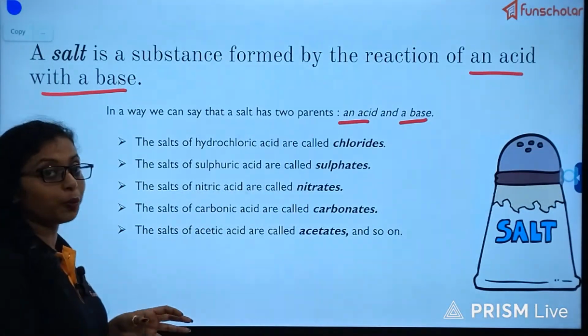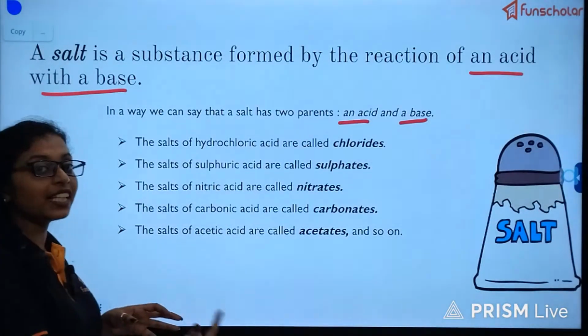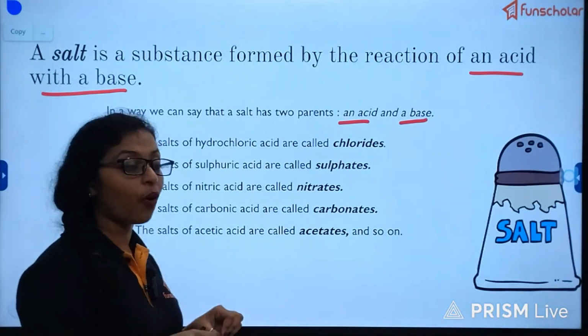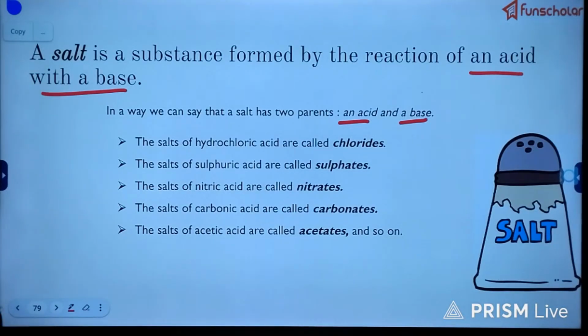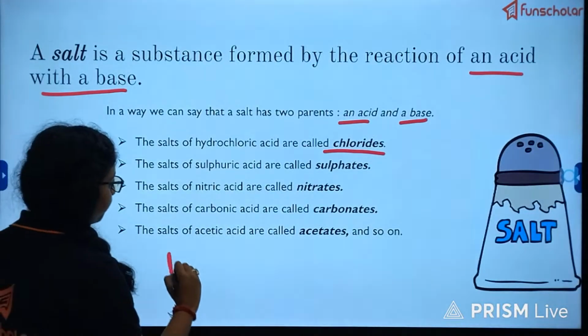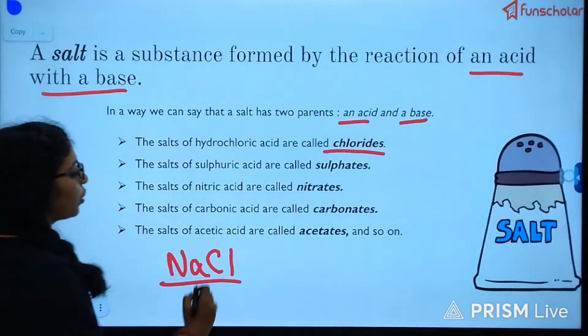The salt is neither acid nor base, but is itself a third group. But in that group we can find acidic salt, basic salt, as well as neutral salt. The salts of hydrochloric acid are called chlorides, just like NaCl. It ends with chlorine, right?